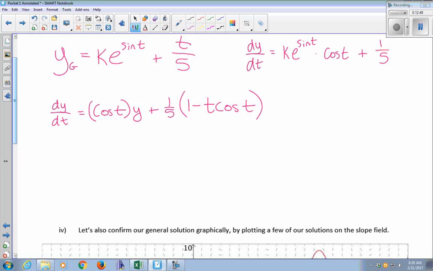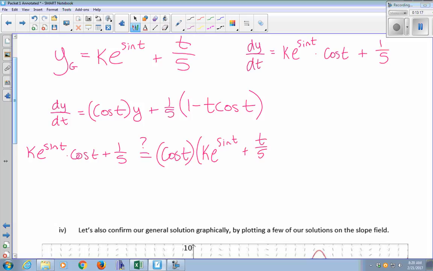Okay, so I replace dy dt with k e to the sine t times cosine t plus 1/5. And then does that equal the right-hand side when you replace y with the general solution? So I have cosine t times y, which is k e to the sine t plus t over 5.